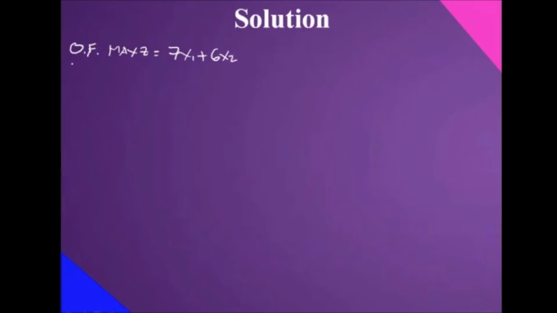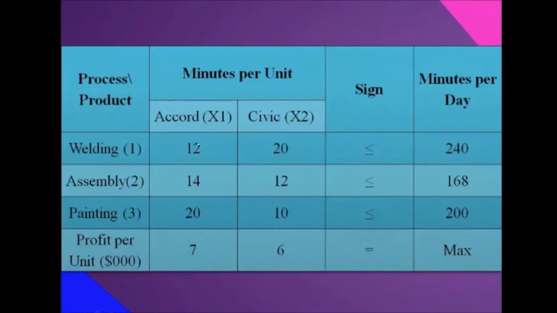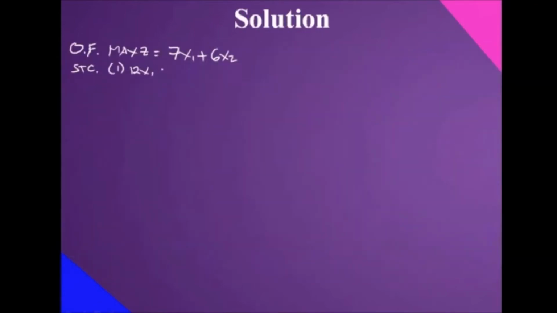Okay? And this objective function is all subject to constraints. For our first constraint, we have 12 x sub 1. Saan po nang gagaling ito? Ito. 12, 20, and 240. So, yan. 12 x sub 1 plus 20 x sub 2 is less than or equals to 240. Okay? So, next we have the second constraint.